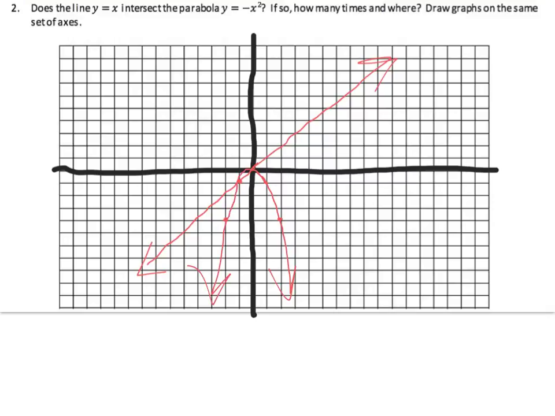So does the line y equals x intersect the parabola y equals negative x squared? If so, how many times and where? Draw the graphs on the same set of axes. Okay, it crosses it in two places. We see those two places right there. So yes, it does. If x equals 0, y equals negative x squared equals 0.